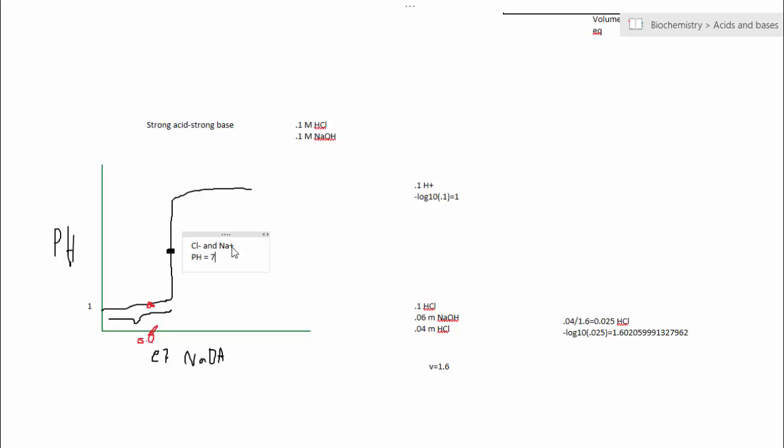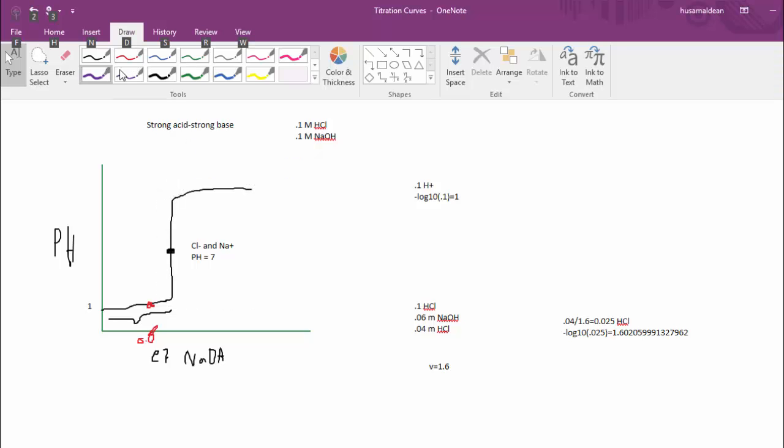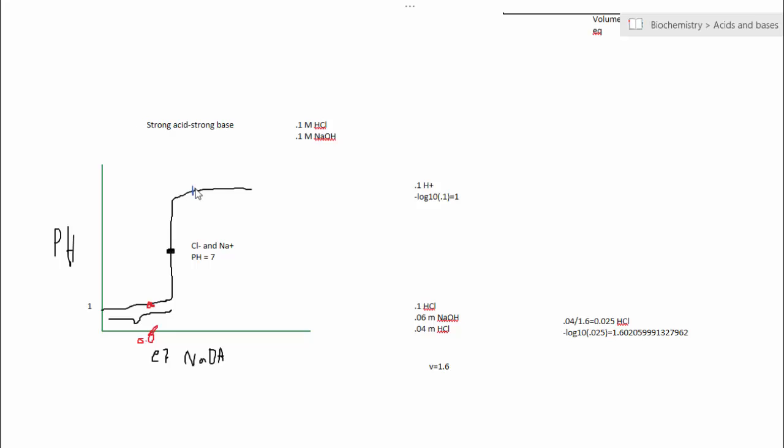Okay. By continuing the reaction, for example here, where we added 1.2 equivalents of NaOH, we will end up with 0.2 equivalents of NaOH in excess, and that excess NaOH will determine the pH at that point.